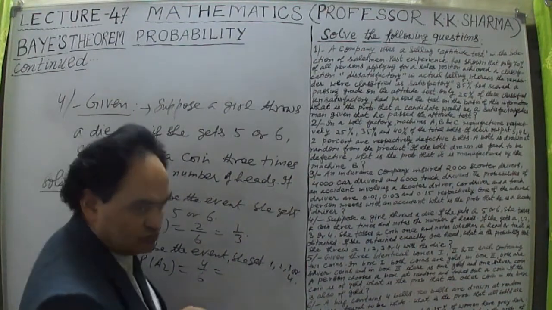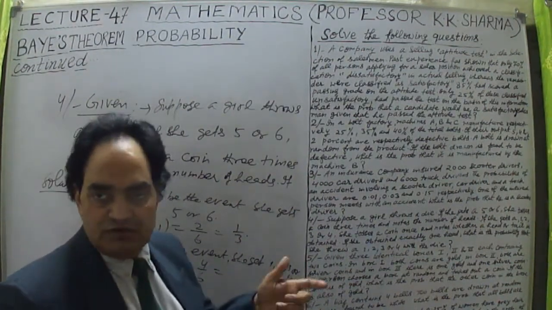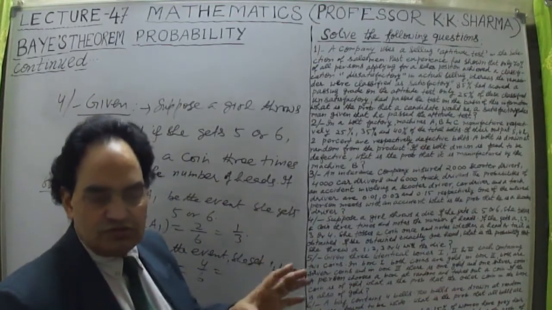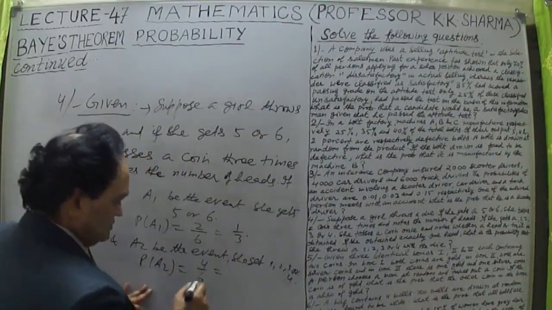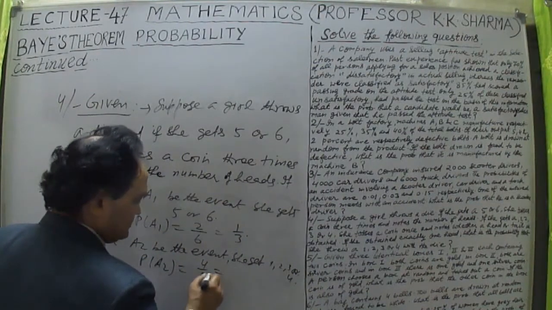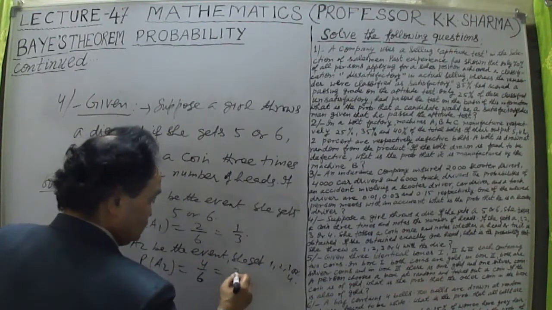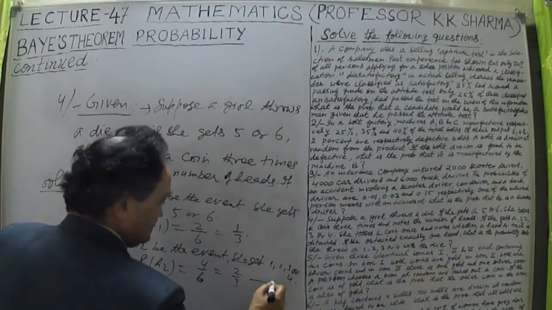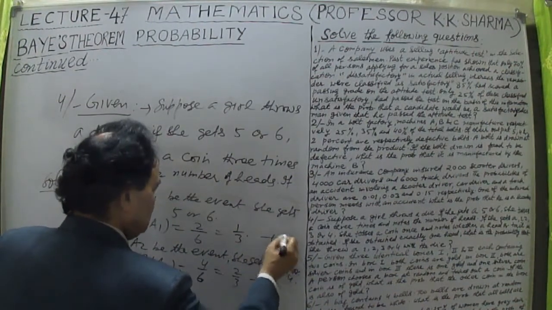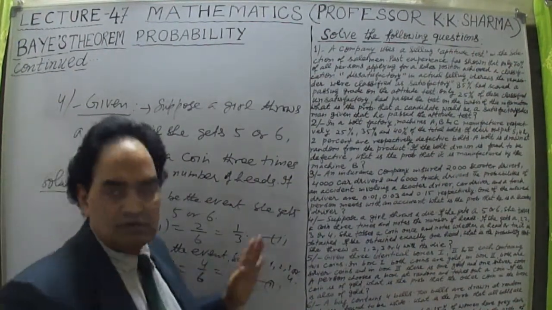Why 4 upon 6? Because 6 are total outcomes in a die. If we are throwing, there are 6 numbers, so 6 in the denominator. Out of that 4 numbers, if she gets 1, 2, 3, 4, this is 2 upon 3. This is the second event, because these are the prior probabilities we are given.